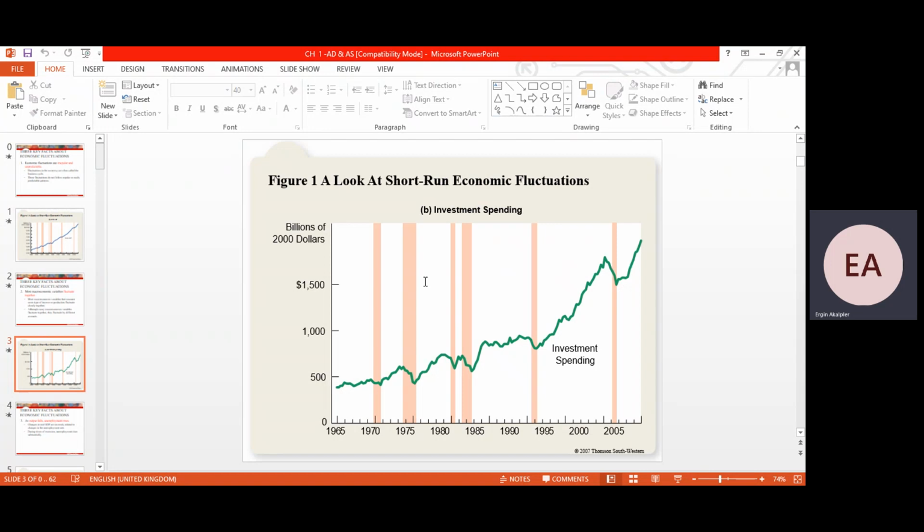As you are observing, investment spending is increasing yearly, but there are some structural breaks and some reductions in some years, especially in 1970 to 75, and then from the 80s to 85, some recessionary period, some decrease in investments is observed. But in general, the investment capacity of the economy is rising.